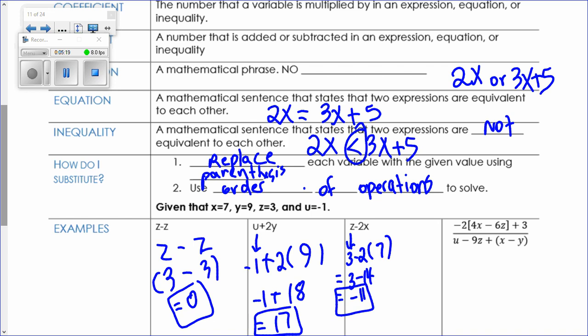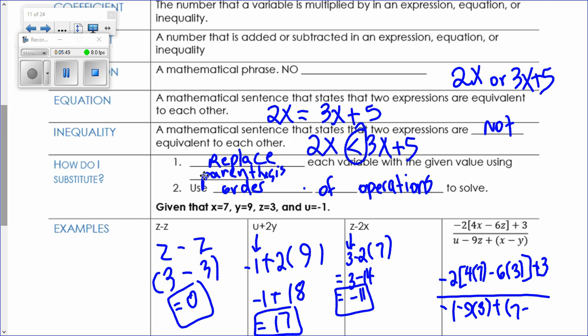Last one, I have negative 2, square, hard bracket, 4 times 7 minus 6 times 3, close parentheses, close hard bracket, plus 3, divided by, u is negative 1, minus 9 times 3, plus x is 7, minus y is 9.